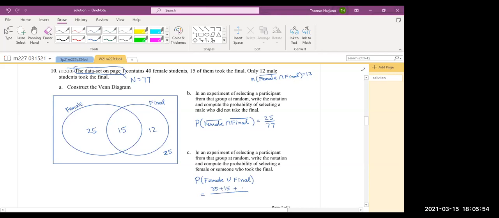But we already counted the 15, so we just add the 12. That will be 52 over 77. Don't forget that you still need to write the notation also.